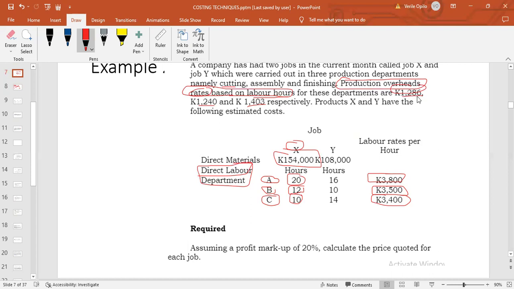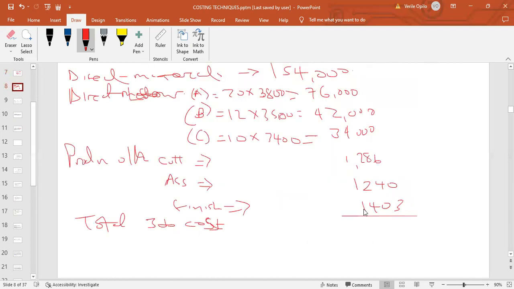So we'll add the 1,286 plus the 1,240 and then plus the 1,403. We get now the total job cost. So we have here 154,000 plus 76,000 plus 42,000 plus 34,000 plus 1,286, 1,240, and lastly plus 1,403.